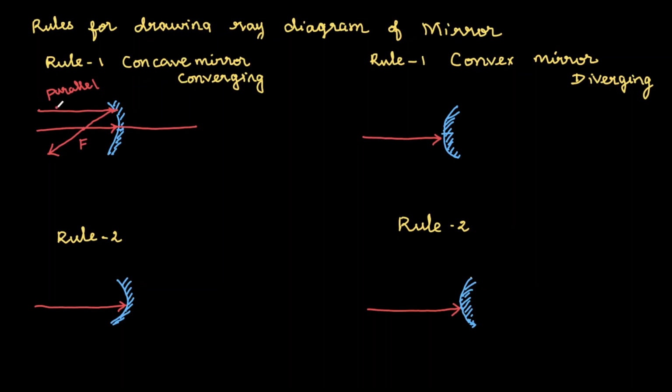So when the light ray is parallel to the principal axis, after reflection, it will pass through the F.